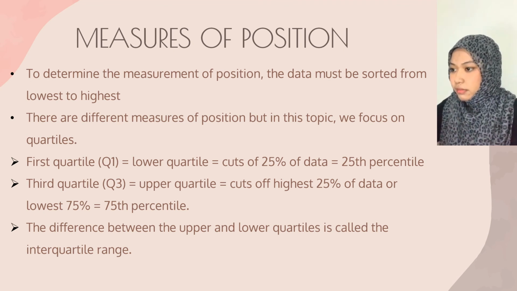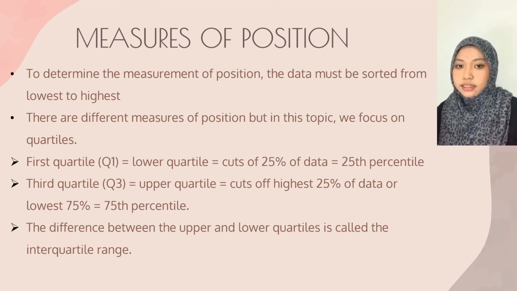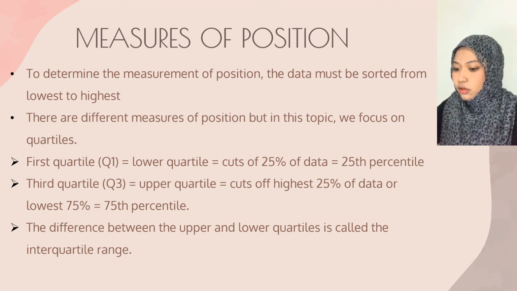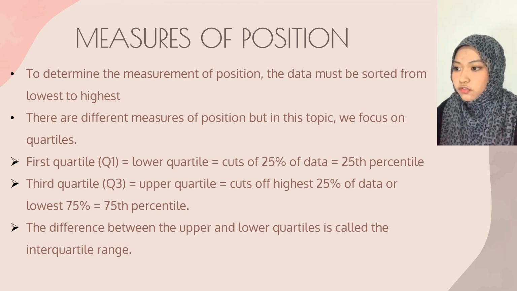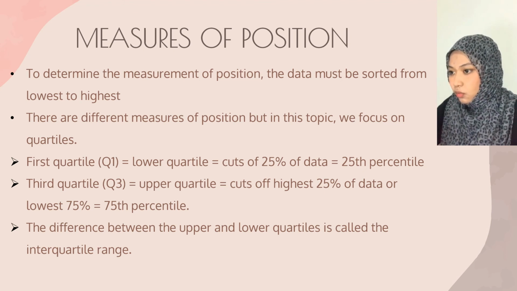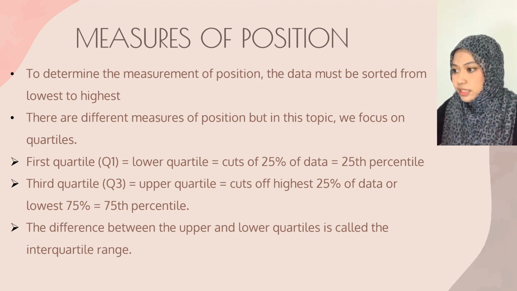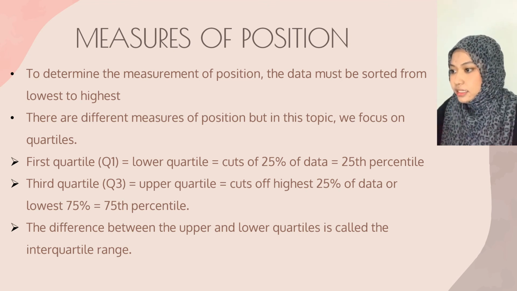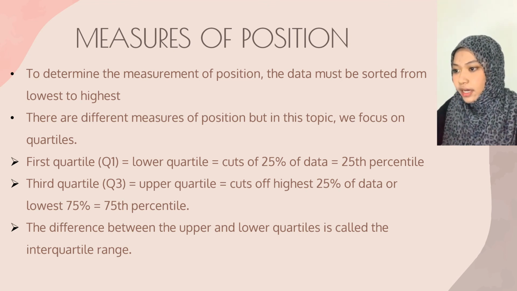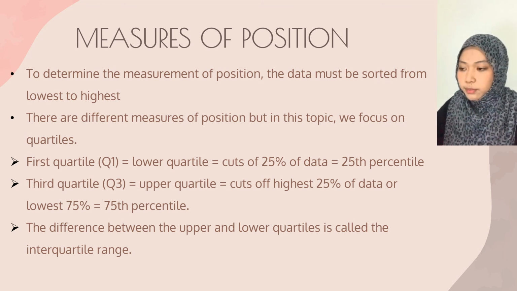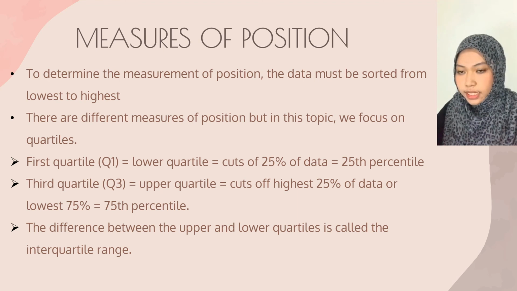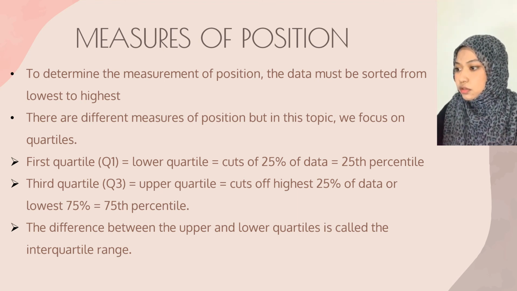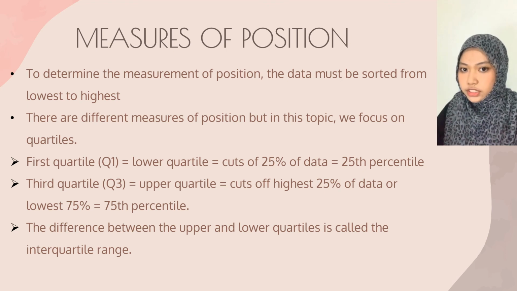There are different measures of position, but for this topic we only focus on the quartiles. The first quartile, the lower one, cuts off 25% of data or the 25th percentile, and the third quartile is the upper quartile, which cuts off the highest 25% of data or the lowest 75% of the data. The difference between the upper and the lower quartile is known as the interquartile range.